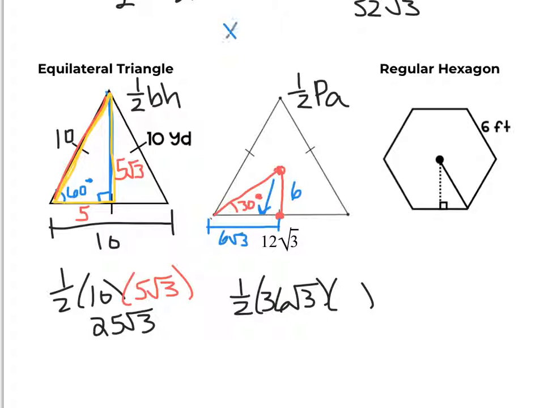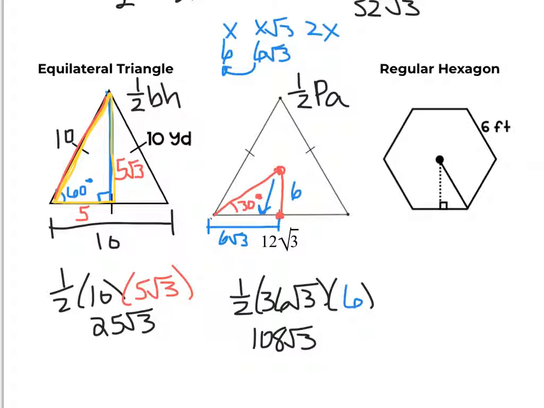Once again, if you still need my table, x, x root 3, 2x. Here we're saying that the opposite 60 is 6 root 3, which means that x, or opposite 30 degrees, is 6. So then, when we multiply all of that, we get 108 square root 3.